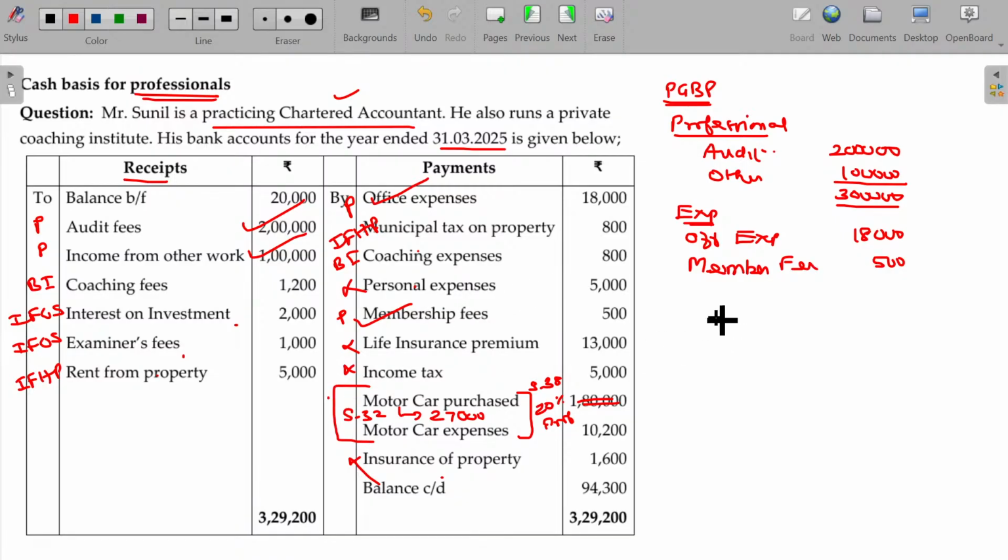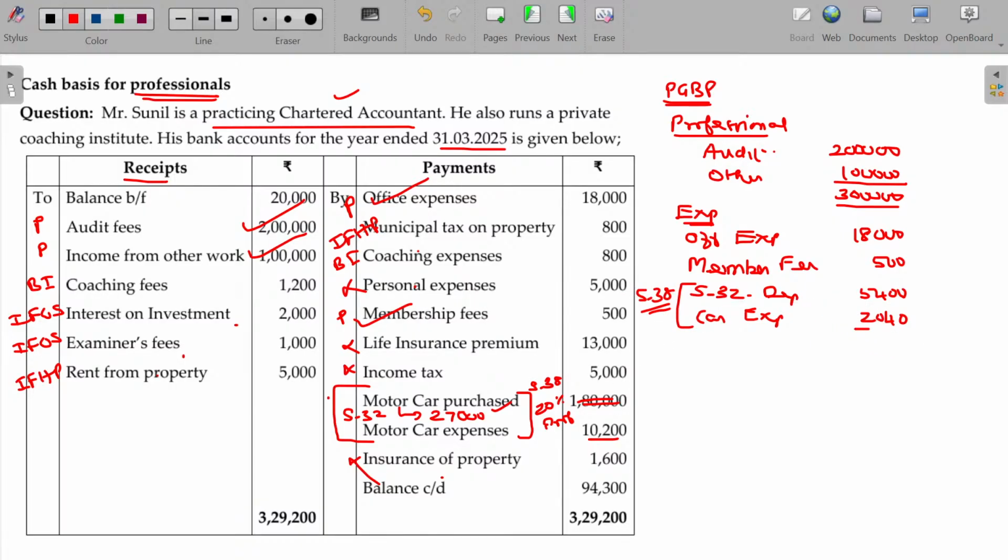And motor car depreciation, out of 27,000, only 20%, 5,400, is deductible. And car expenses, out of 10,200, 20% only will be taken, 2,040. These are subject to section 38.